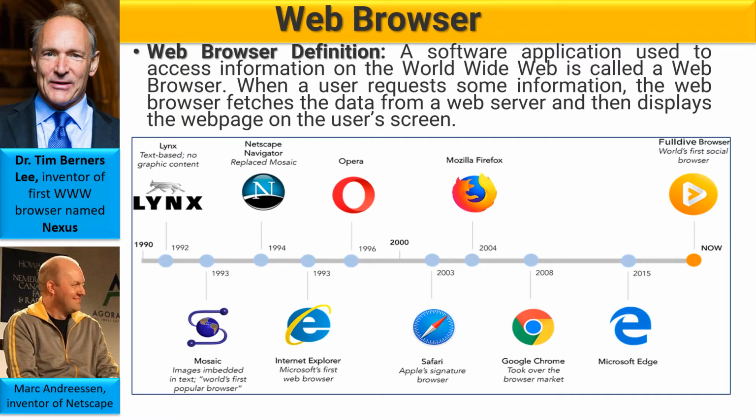Later on, Microsoft developed a web browser known as Internet Explorer. Today we are still using Internet Explorer, but in a few days it is going far away from us because it is going to stop its services.